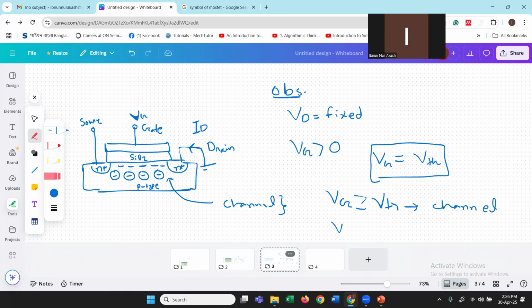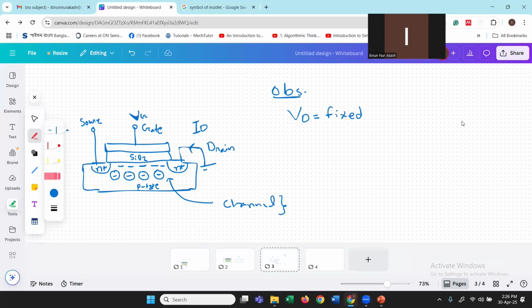And if our drain voltage is greater than 0, it will create a current. So intuitively we can plot this.